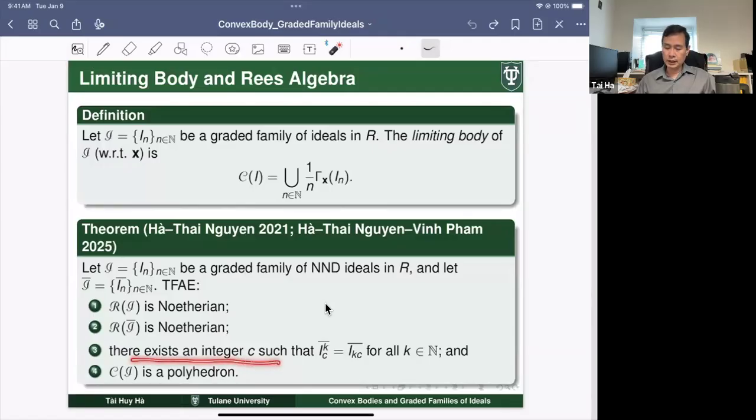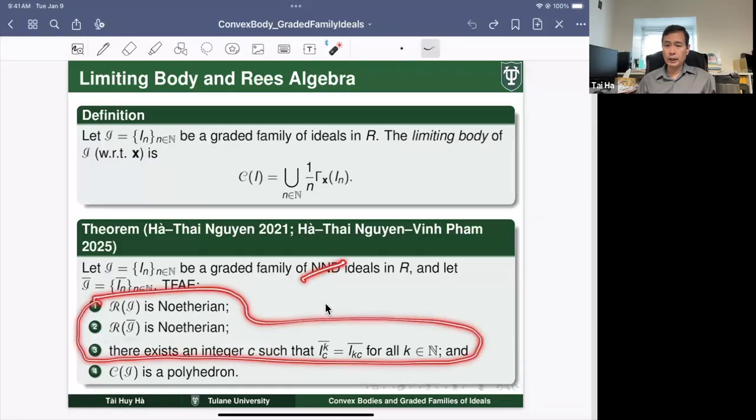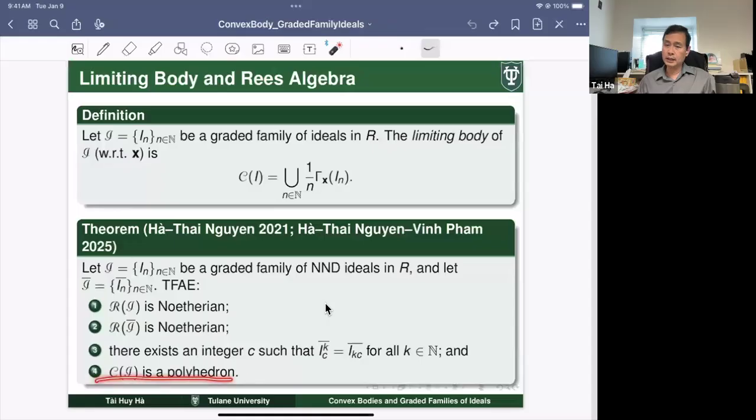There exists an integer c such that the integral closure of I_c to the k is just the integral closure of I_kc. Now, I should say that the equivalence of these three conditions actually does not require NND. But for NND ideals, these three conditions are equivalent to the fact that the limiting body is a polyhedron.